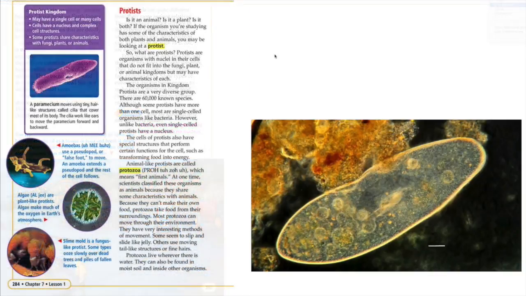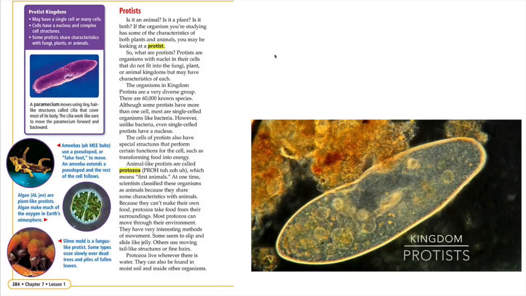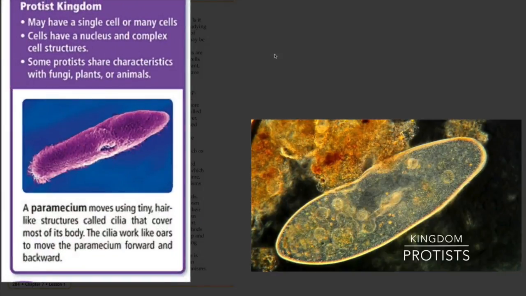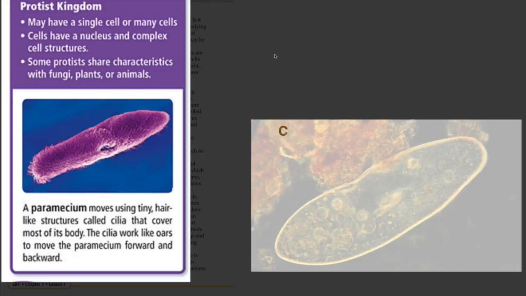Next, we'll talk about the Protist kingdom. Now, what's unusual about the Protists is that it's hard to determine, is this a plant or an animal or a little bit of both? So scientists had to make a new kingdom to keep these organisms in because they don't really fit into either a fungi, a plant, or animal kingdom.